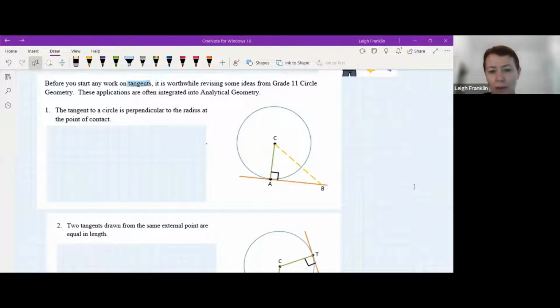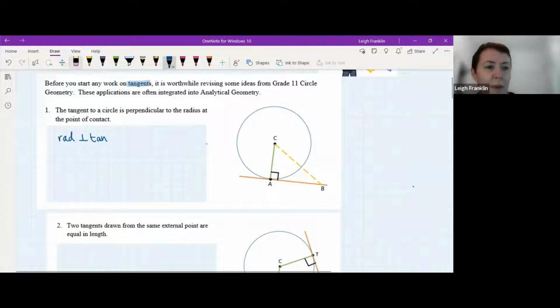So what I've got here in orange or red is my tangent. My radius I've drawn in green, and I've shown you that my radius is always perpendicular to my tangent. So how I would write that is radius perpendicular to tangent. That was the reason from grade 11.